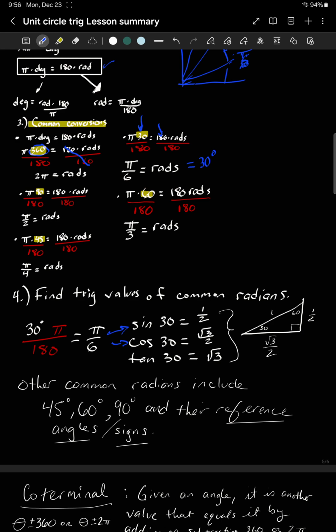Okay, and this process will be the same for 45, 60, and 90-degree angles and their reference angles and signs. So with some practice, we can use the reference angles to determine the signs of these values, such as half or negative half, and convert them as needed with the common radians.